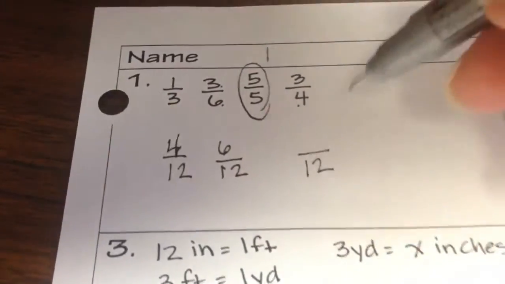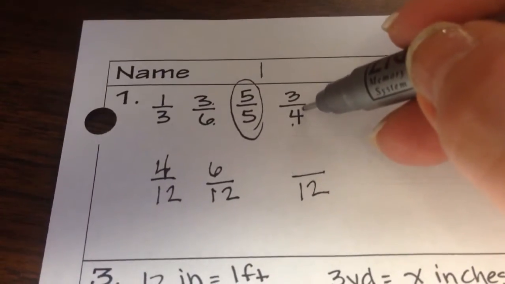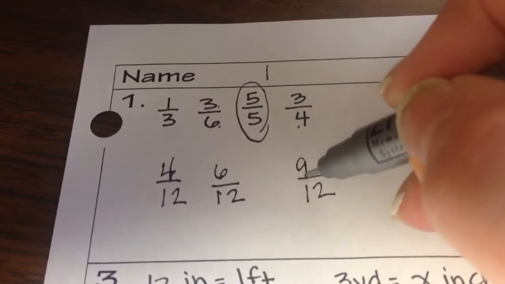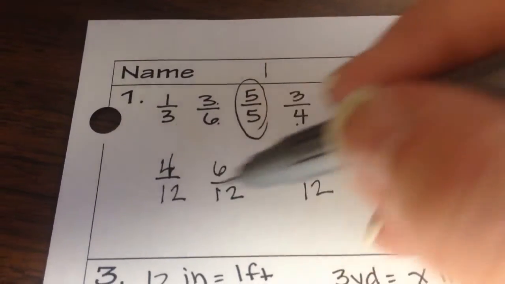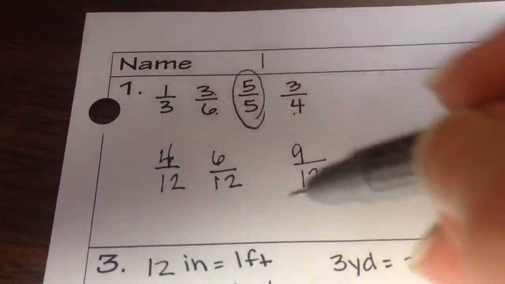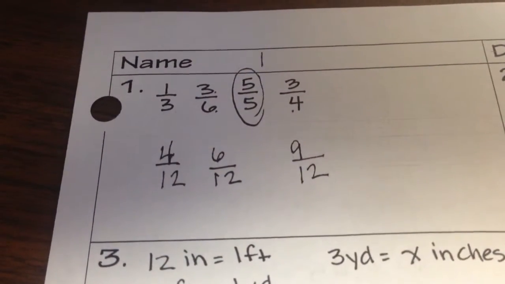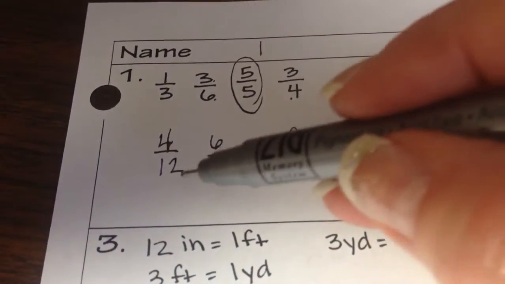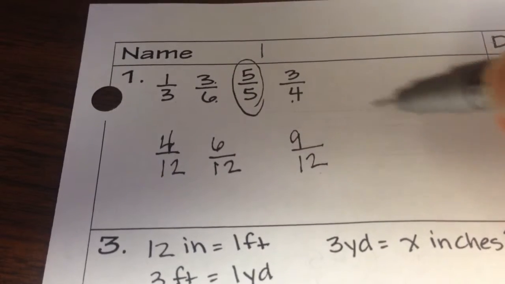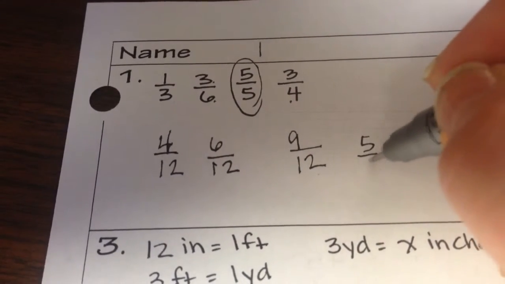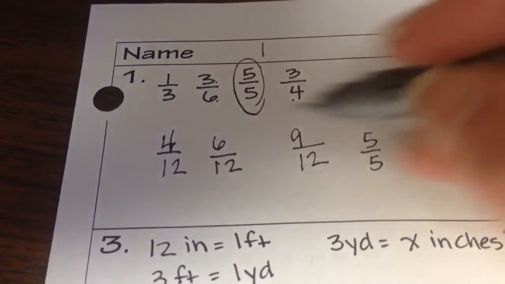That's a 4. And then 4 times 3 is 12, so 3 times 3 is 9. So now we can put them in order, right? From least to greatest, we have 4/12, then 6/12, then 9/12, and then 5/5, because that means 1, right? So that's how you would do that.